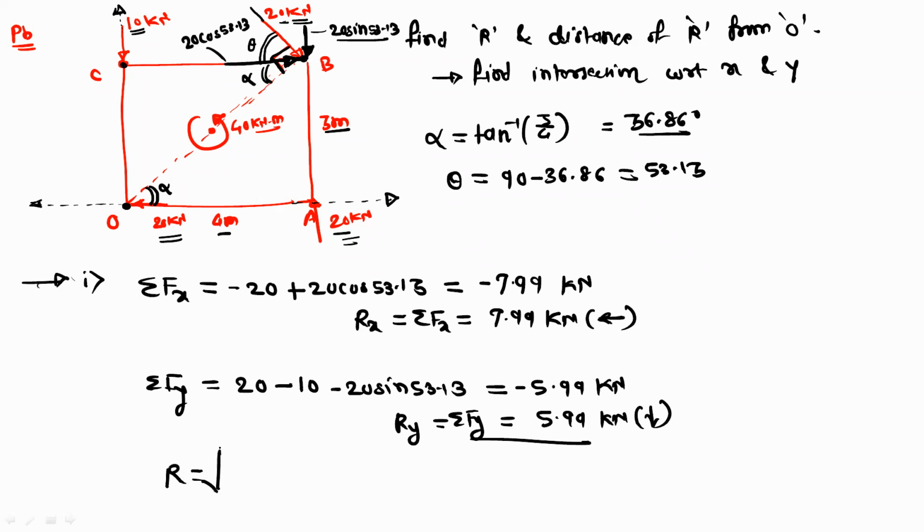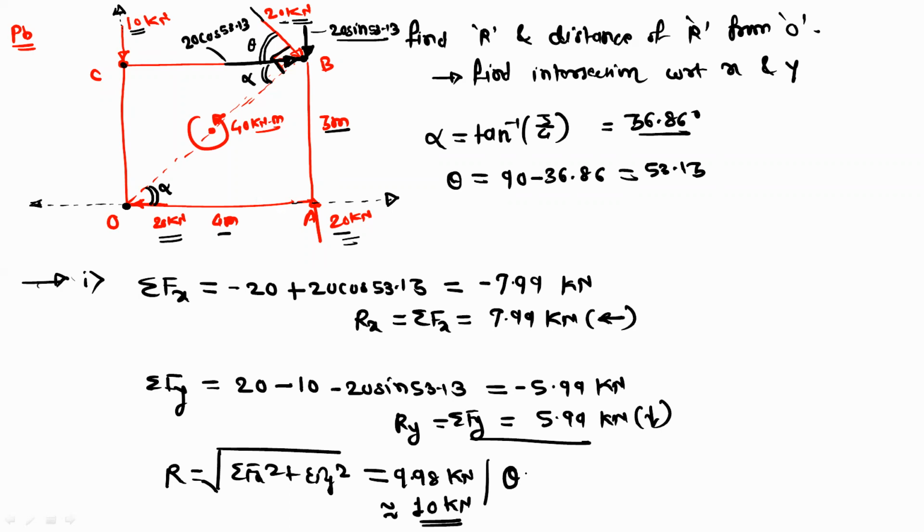From this we can find out the resultant. R is equal to square root of summation Fx squared plus summation Fy squared. So R is equal to 9.98 kilonewton, approximately 10 kilonewton. The angle of the resultant we can find by using theta equal to tan inverse of summation Fy divided by summation Fx. Before that, locate the resultant.